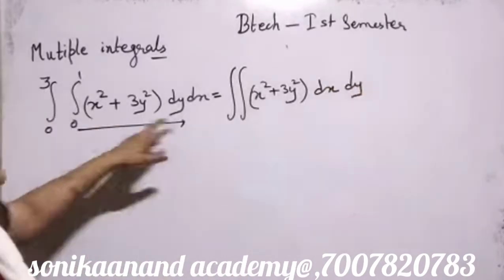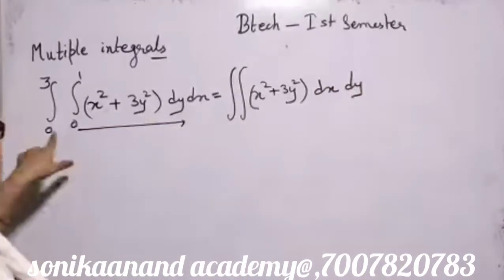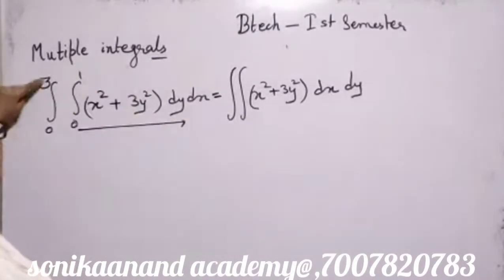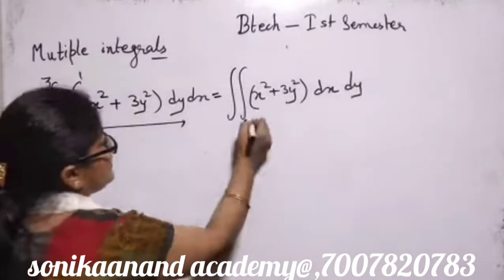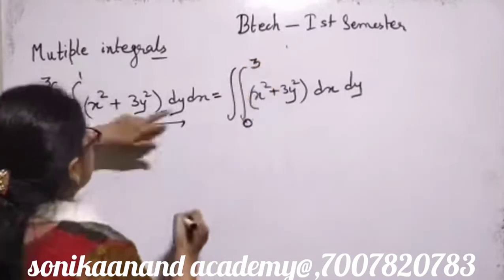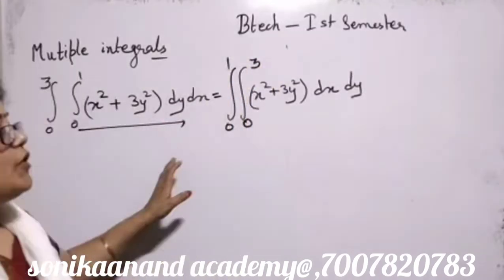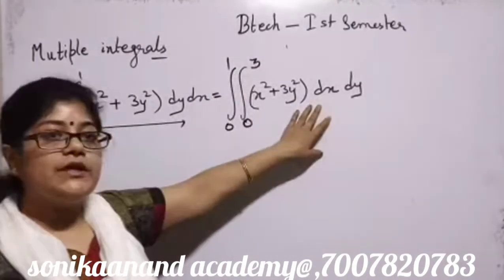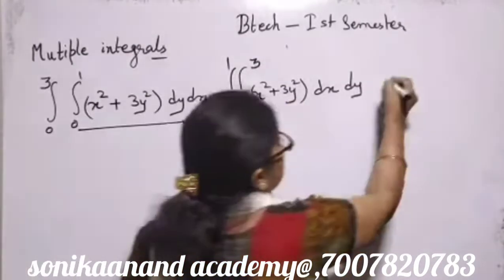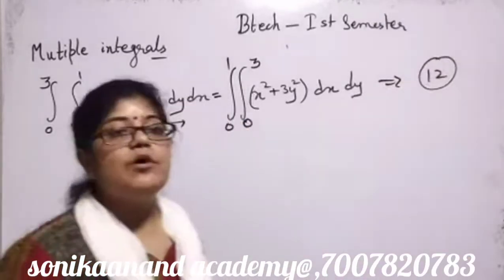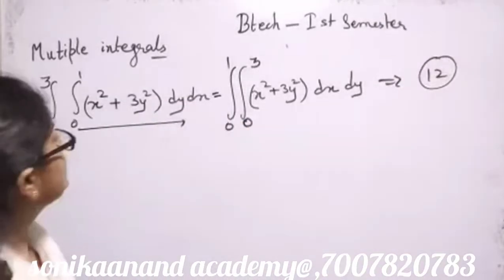When we change the question in this way, we also change the limits, because for dx the limits we have are 0 to 3. So we write over there 0 to 3, and the limits of y, which are 0 to 1, we substitute here. And now we are going to solve this question and we observe whether the answer remains 12, that is, whether the answer remains the same or not. Now we observe this.